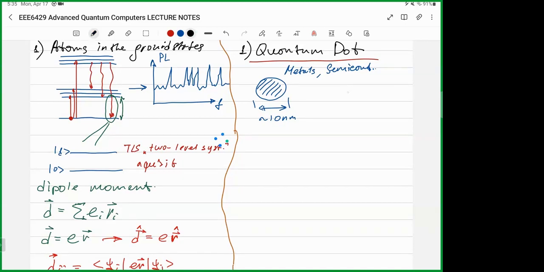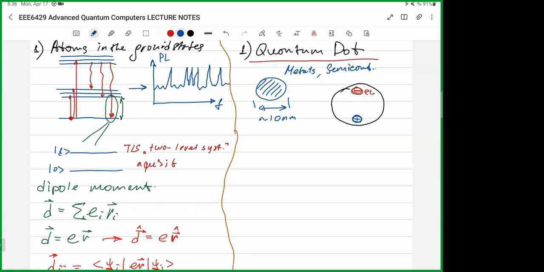So if we zoom in on the inner structure of a quantum dot, we would find charges of two kinds. The first is the negatively charged electron, and a positively charged hole, right?